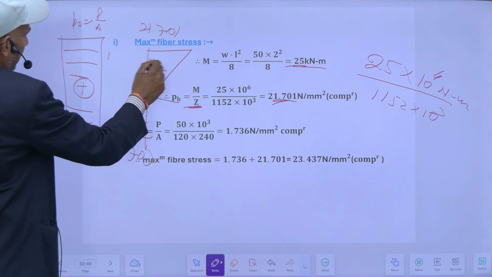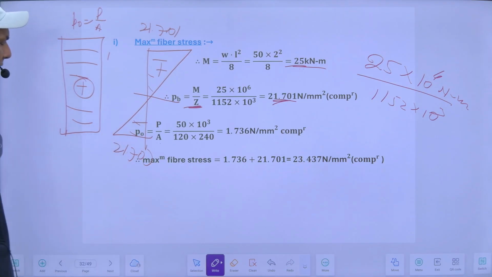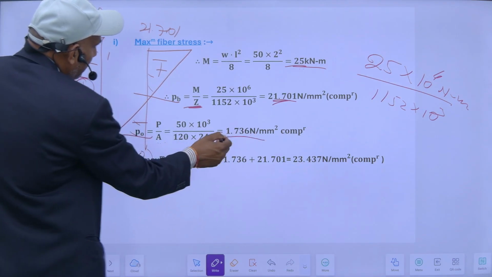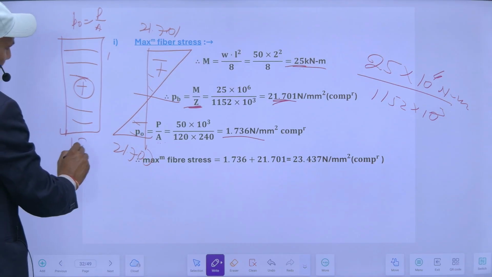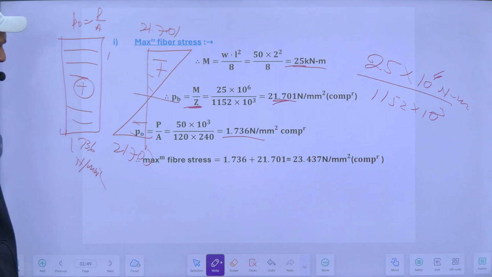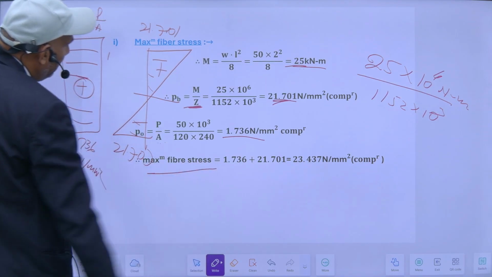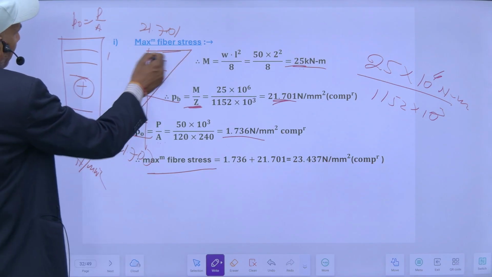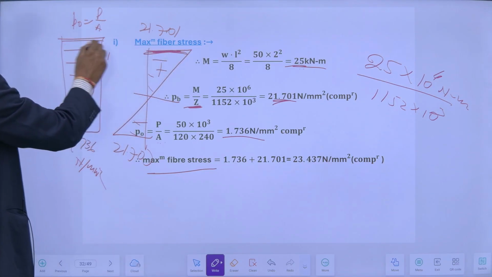So this is due to bending, and the value of direct stress will be direct load upon area. It is 1.736 Newton per mm square. So maximum fiber stresses obviously will be here on the top. This is positive, this is positive.